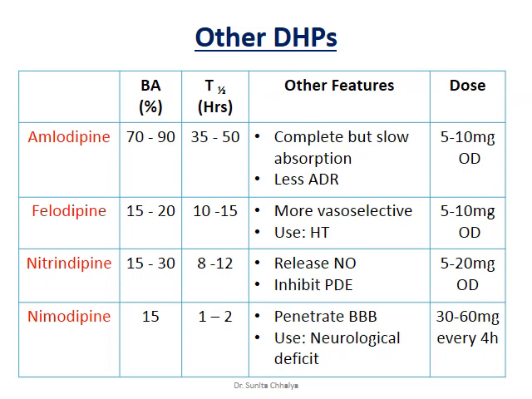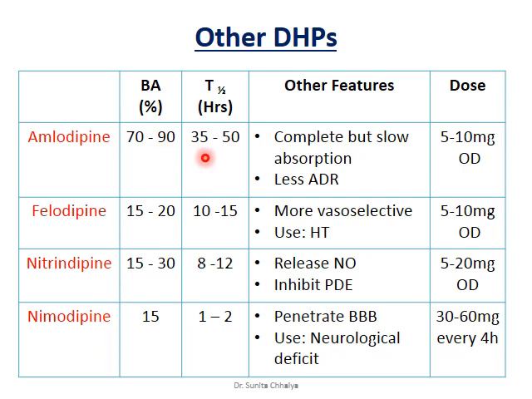There are different types of dihydropyridine derivatives, like amlodipine, felodipine, nitrendipine, and nimodipine. They differ in their pharmacokinetic characteristics as well as some additional features along with the blockage of the calcium channel. Amlodipine has the highest bioavailability, that is 70 to 90%.